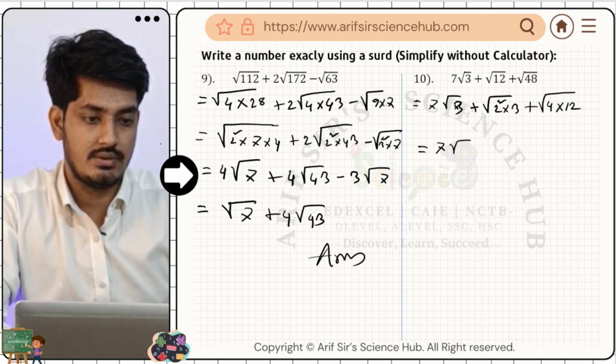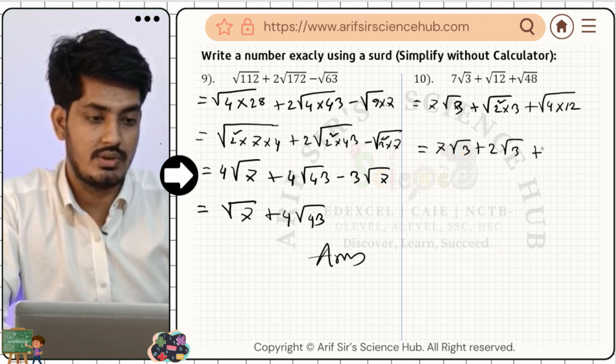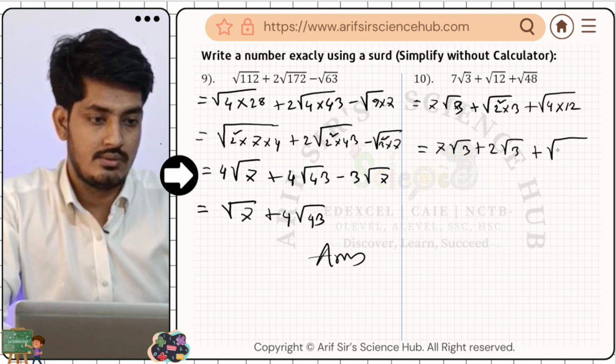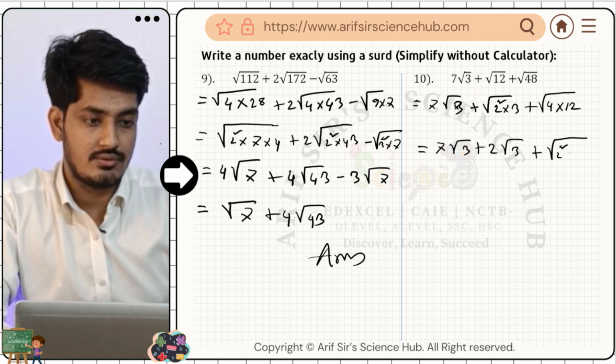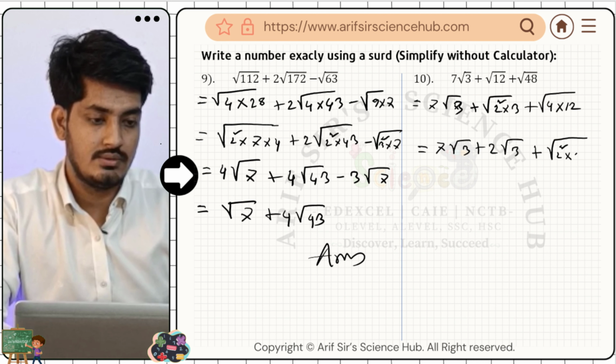So 7 square root 3 plus, we can bring this 2 from the square root. 2 square root 3 plus, we can just write this 4 is equal to 2 square into 2 square into 3. We can just easily write this.